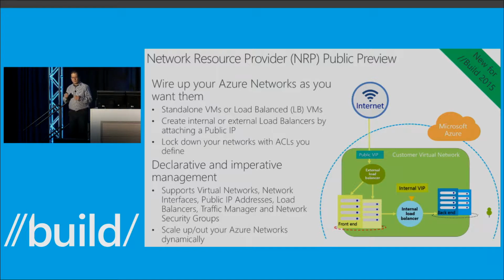That balances through some policy to a bunch of VMs. All the way down to having multi-tier applications with ACLs and so forth. And as I mentioned, all the properties I mentioned earlier, be it imperative, be it declarative, and so forth, apply here as well. Okay, let's get into some details now.